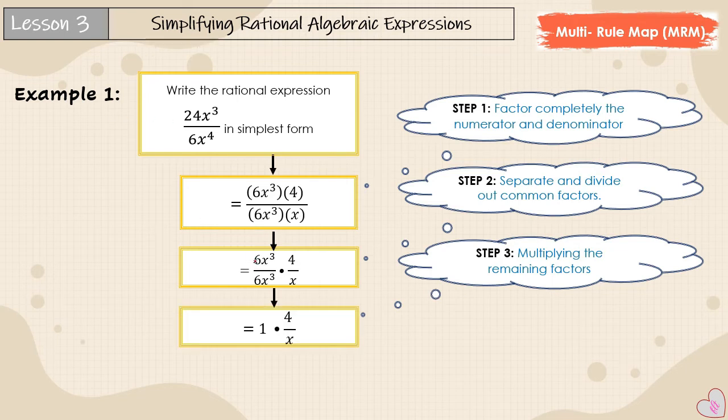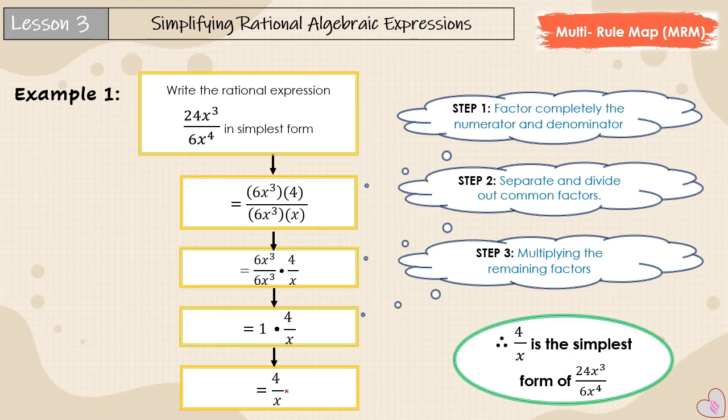So we have 6x raised to 3 over 6x raised to 3, dividing it, we will have 1. And then times, copy, 4 over x. By simplifying, we will have 1 times 4 over x, which is equal to 4 over x. Therefore, 4 over x is the simplest form of 24x raised to 3 over 6x raised to 4.